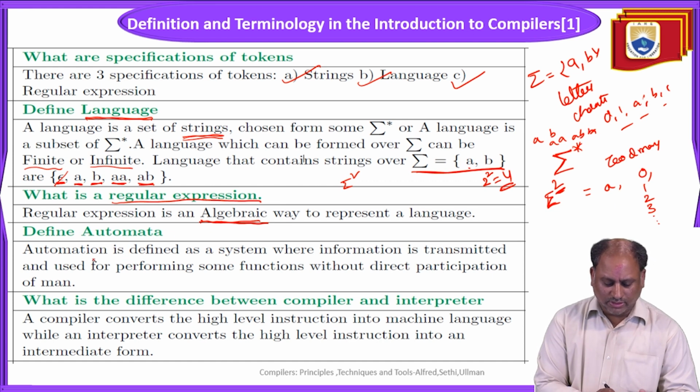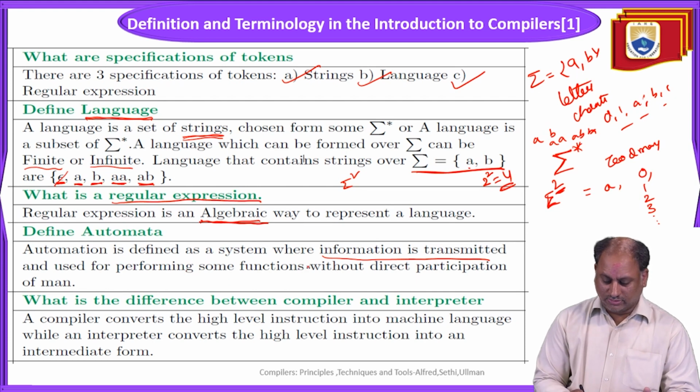Automata is to be described as a system where information is transferred and used for performing some actions without direct participation of a human.